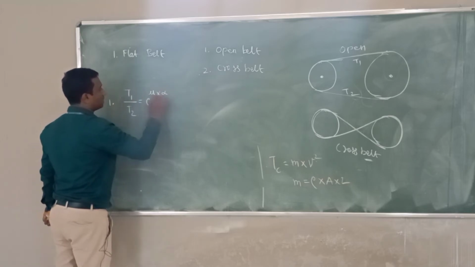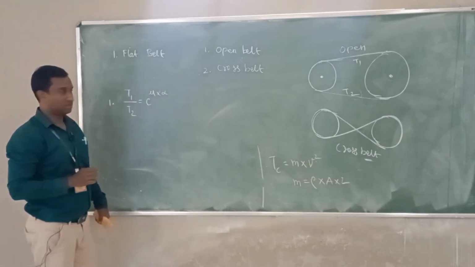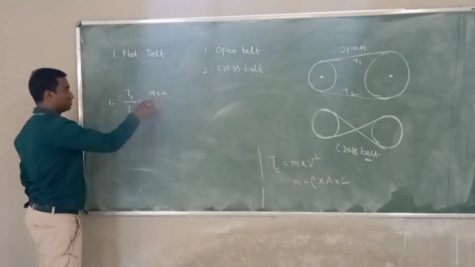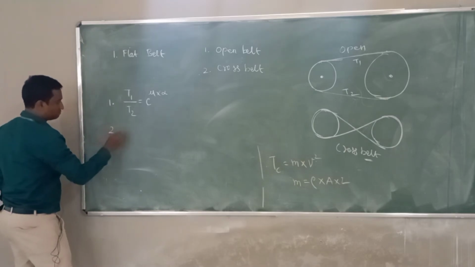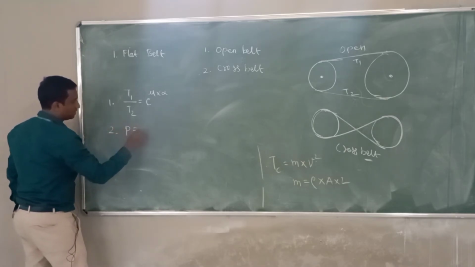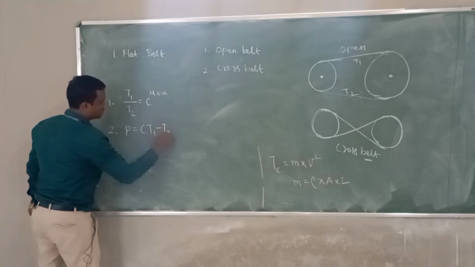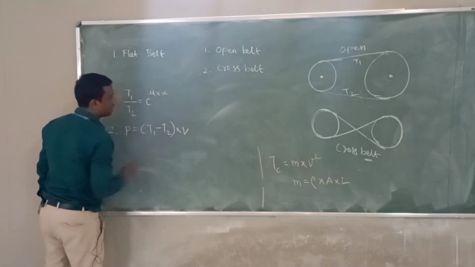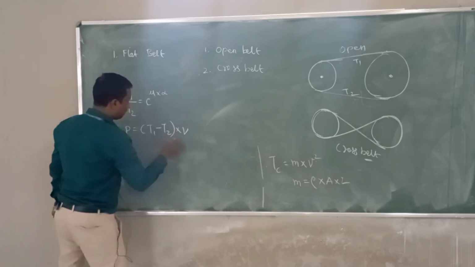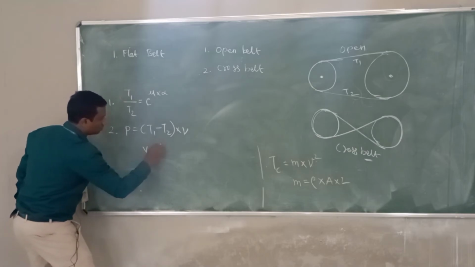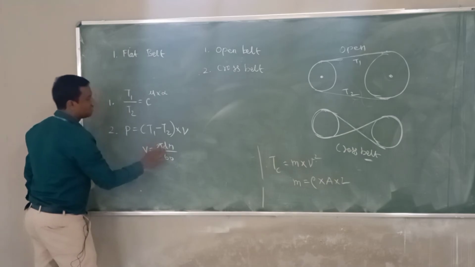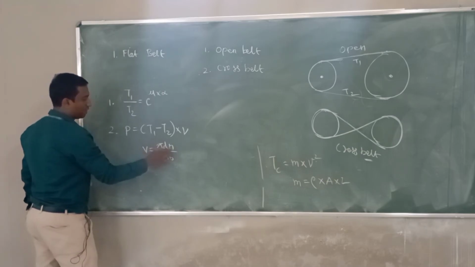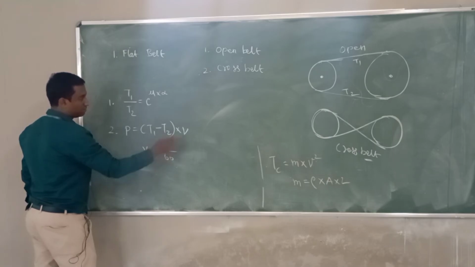Alpha is the wrap angle, mu is the coefficient of friction. This is the ratio for the flat belt. Then to find out the power, P is equal to (T1 minus T2) multiplied with velocity. The same formula is used here. Velocity is equal to pi d n divided by 60, where d is the diameter of the pulley and n denotes the RPM, revolutions per minute, of the drive.